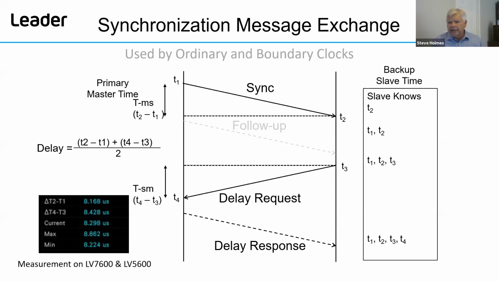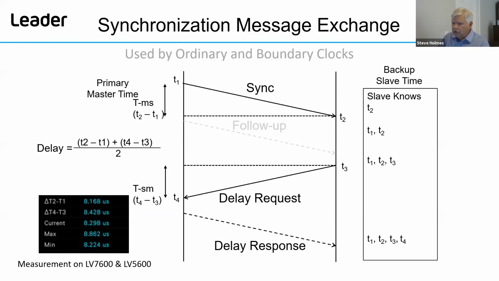So on a waveform monitor that is now doing a bunch of IP stats as well as all of the waveform functions in the IP world, we can see that we've got the T2 to T1 delta, and the T4 to T3 delta. You take those two, add them together, divide by 2, and we get the current delta, or the current time that it takes for the messages to get from the Grandmaster to the slave.